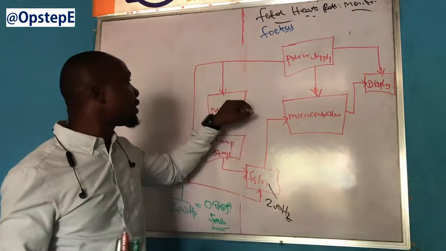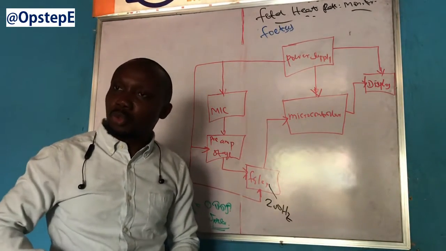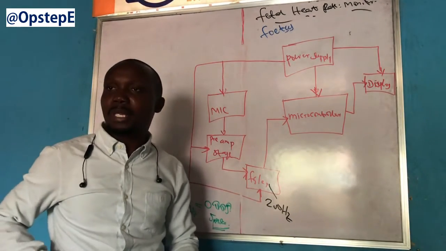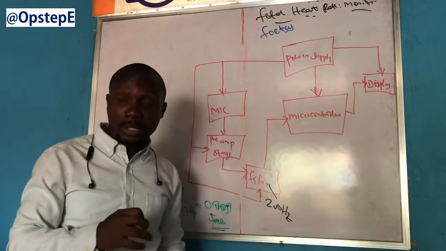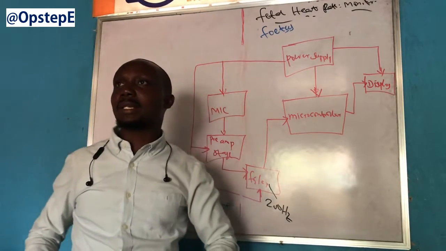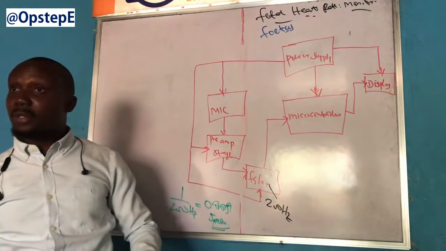so that the only thing this microphone will have to receive will be the sound produced by the fetus through the womb, or through the stomach where the mic will be placed. Now, don't forget the fetus itself is far inside.